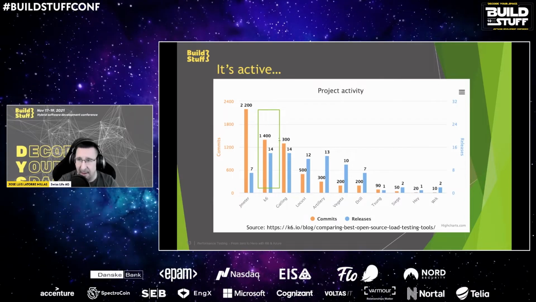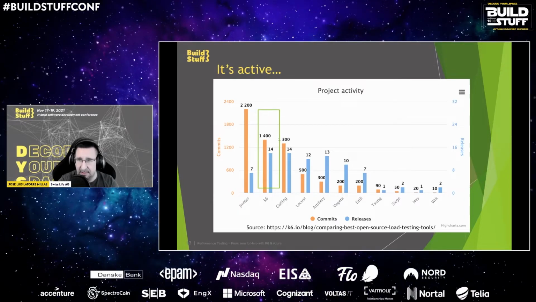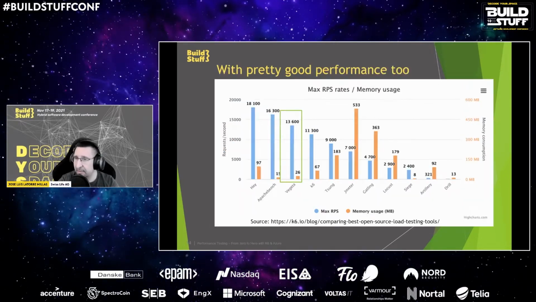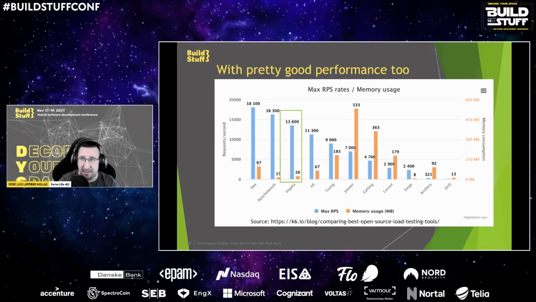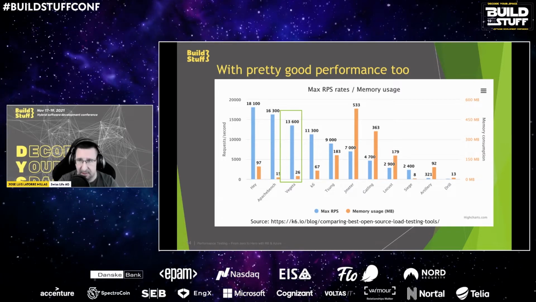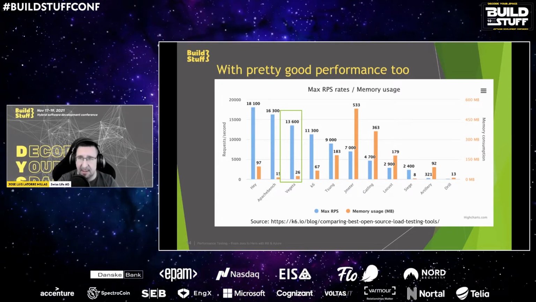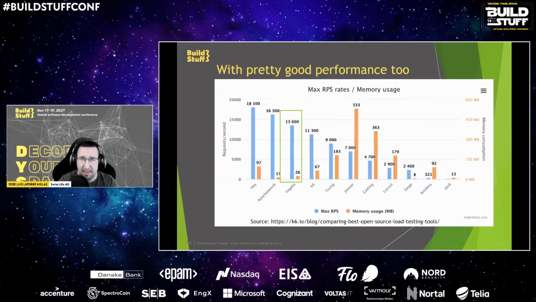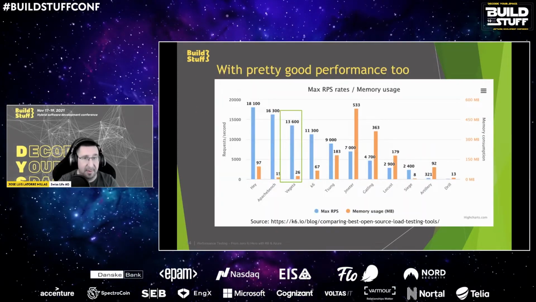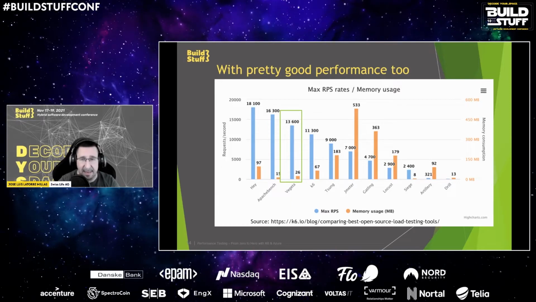They have a lot of releases. And the RPS versus memory is pretty good. RPS is requests per second, so it's very high. It's not the highest, but it's really high. But what really caught my attention is the features that we will take a look at in a second.